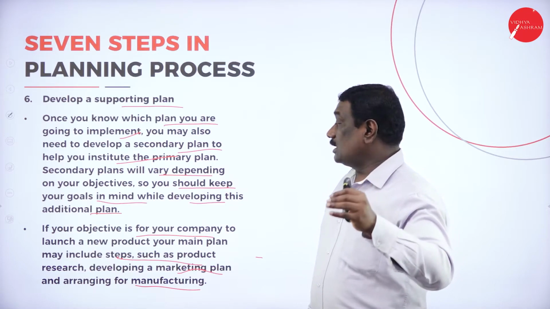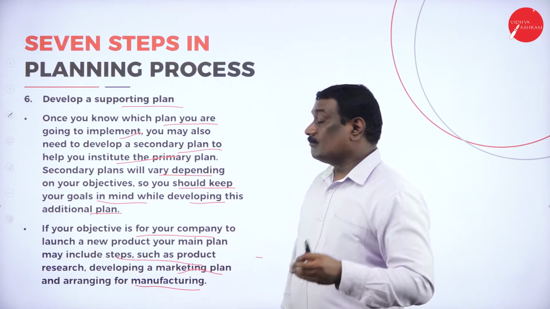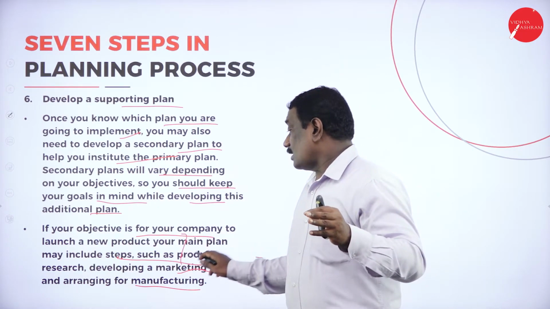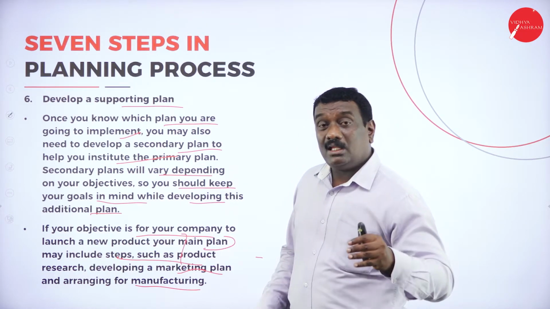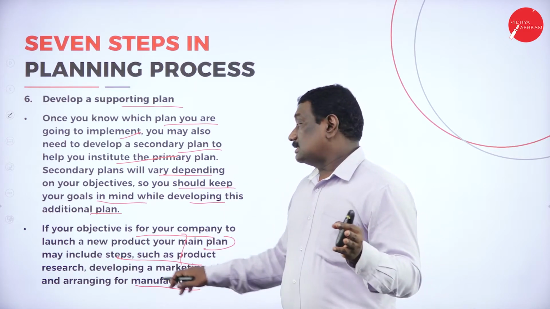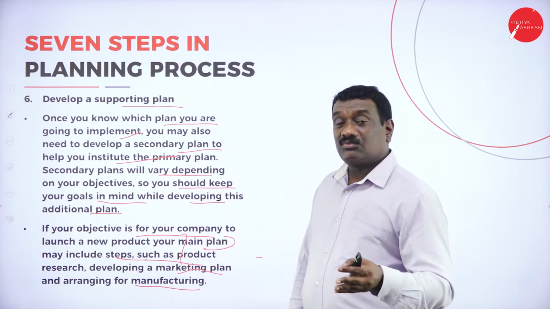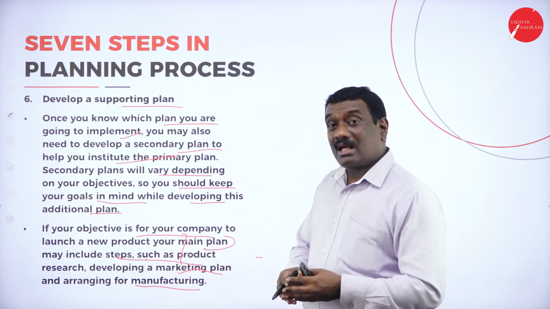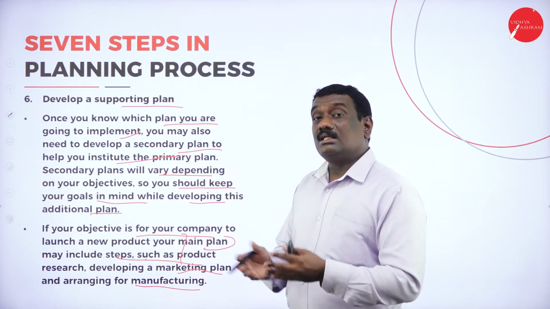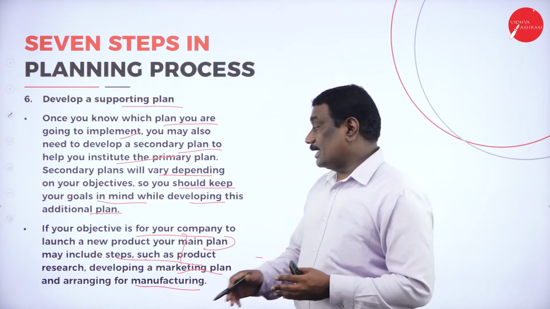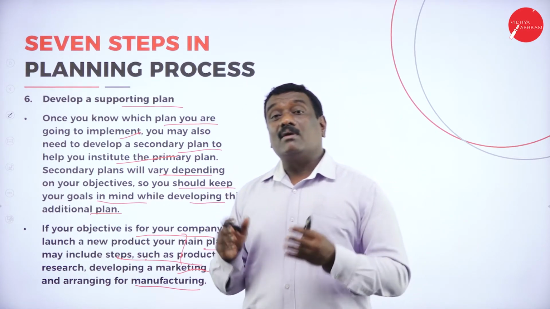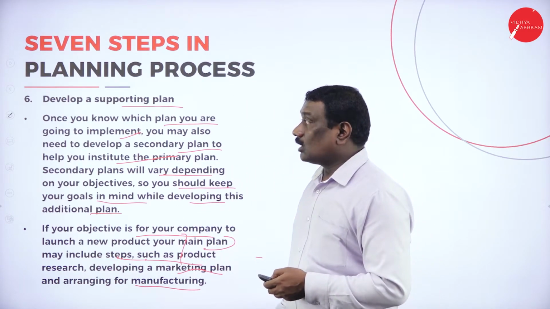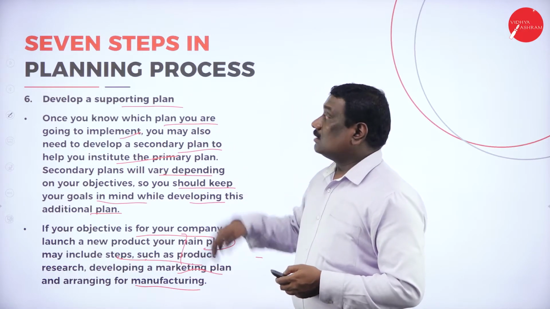Then that may include the supporting plans such as doing research or innovations, developing the marketing plans or strategies to promote your products, as well as arranging for the manufacturing or production of that particular product. So this is what we mean by developing a supporting plan.